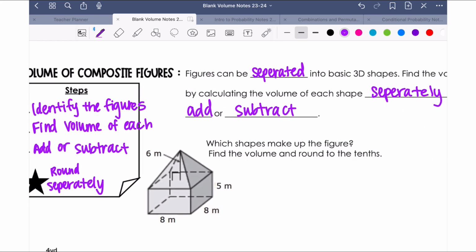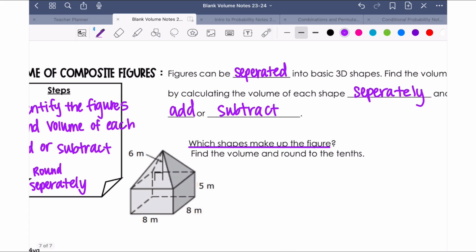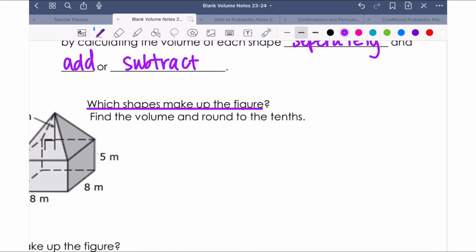Let's get started. The first one, which shapes make up the figure here? Okay, I gave you some time to think. That is a prism, rectangular prism, plus what?